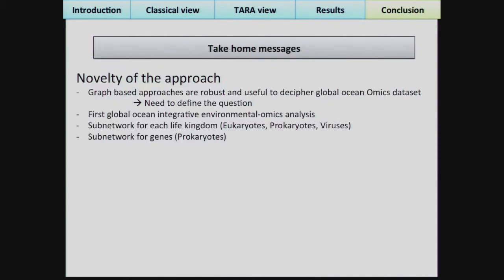I just want to finish with a few take-home messages. Basically, what we did is develop a graph-based approach that is robust and useful to decipher global oceanomics data sets, meaning that you can use it to extract information from the omics to link it to biogeochemical parameters, for example.